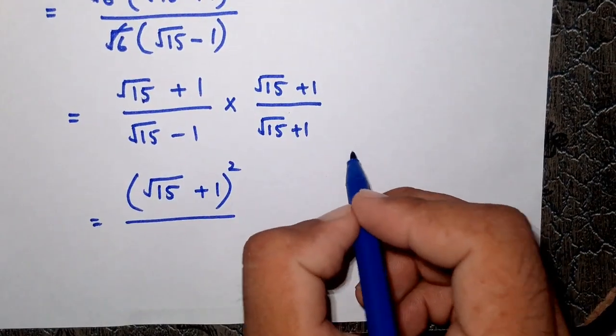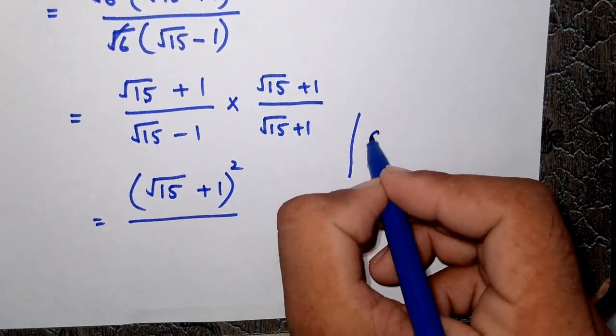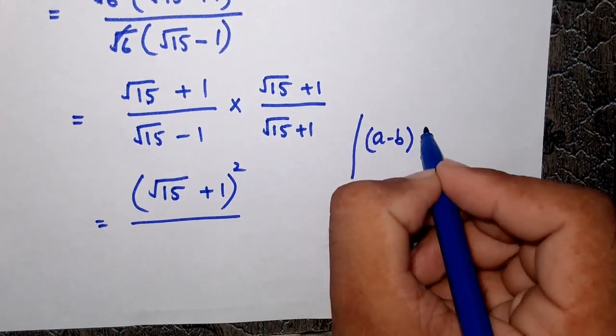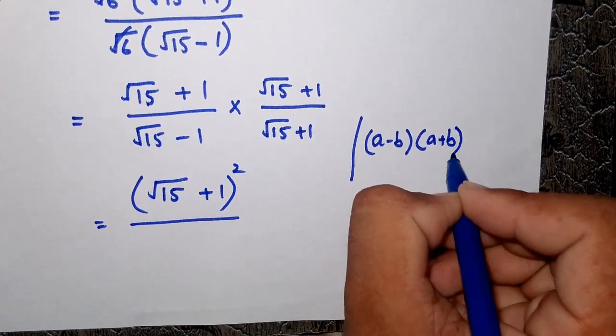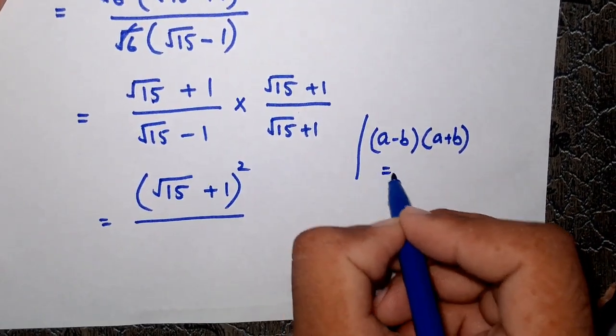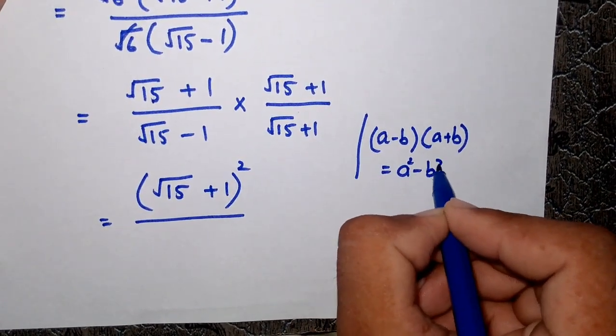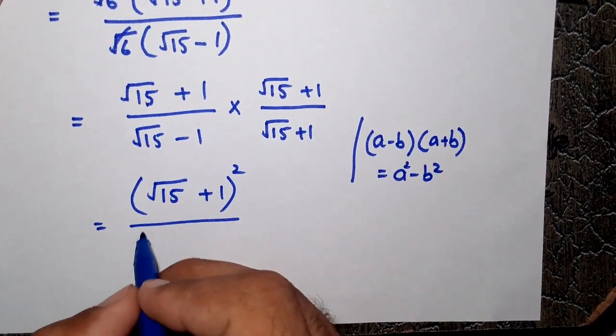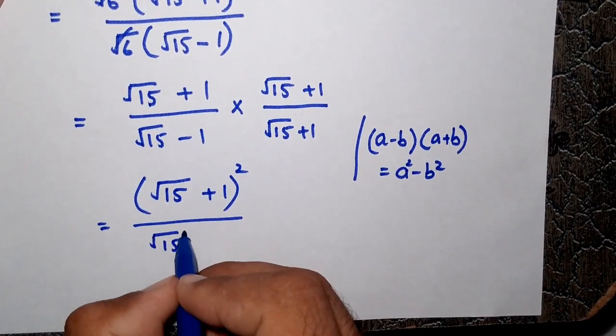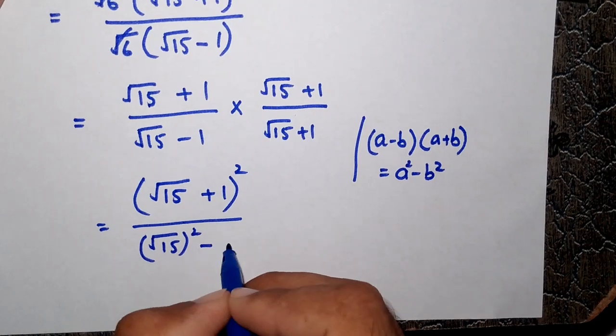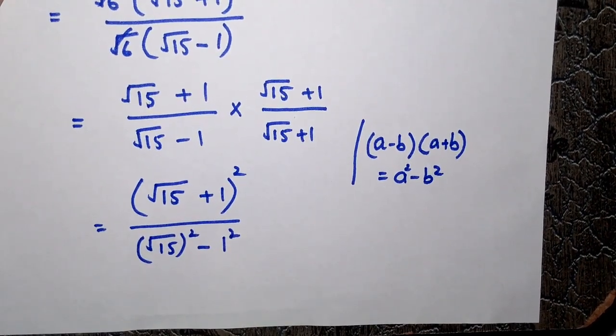This is in the form of, we know that a minus b times a plus b is equal to a square minus b square. So to apply this condition, this will become square root of 15 square minus 1 square.